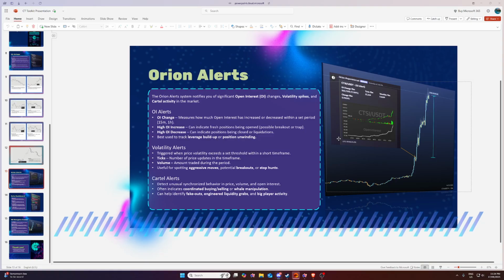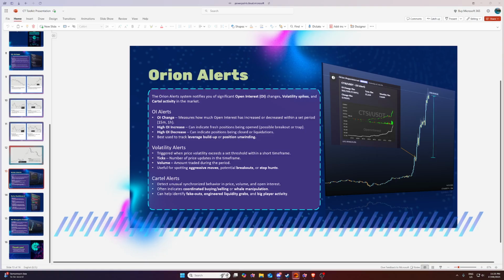And for volatility alerts, I think that's pretty self-explanatory. I personally don't use it too much, but it can be quite good if you're a scalper who's willing to short, because it identifies scam pumps quite early. What you can do is see if the pump has reached any key higher time frame price levels, like key highs or order blocks or weekly, daily fair value gaps.